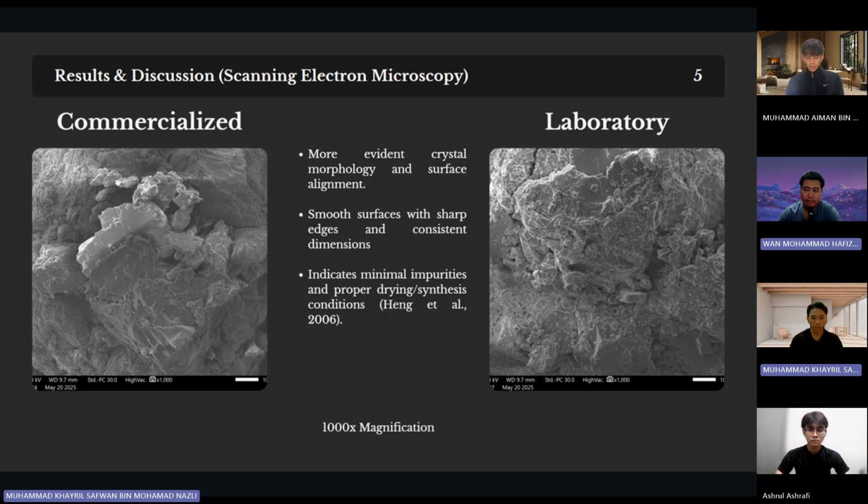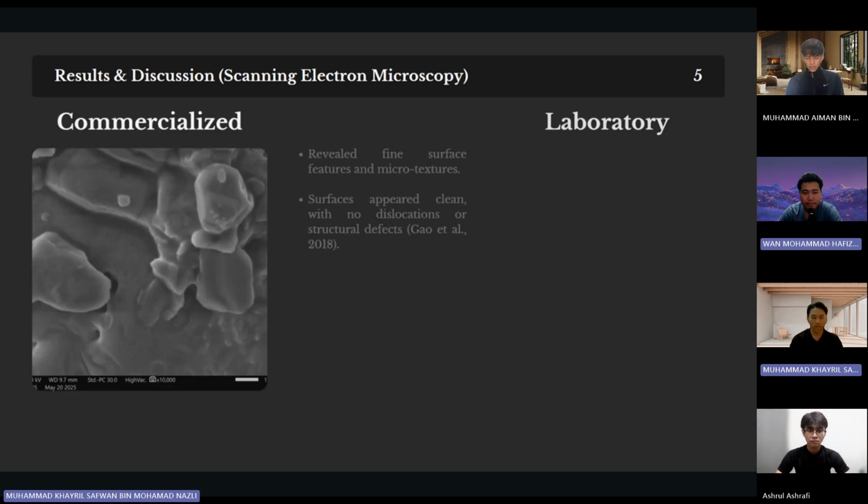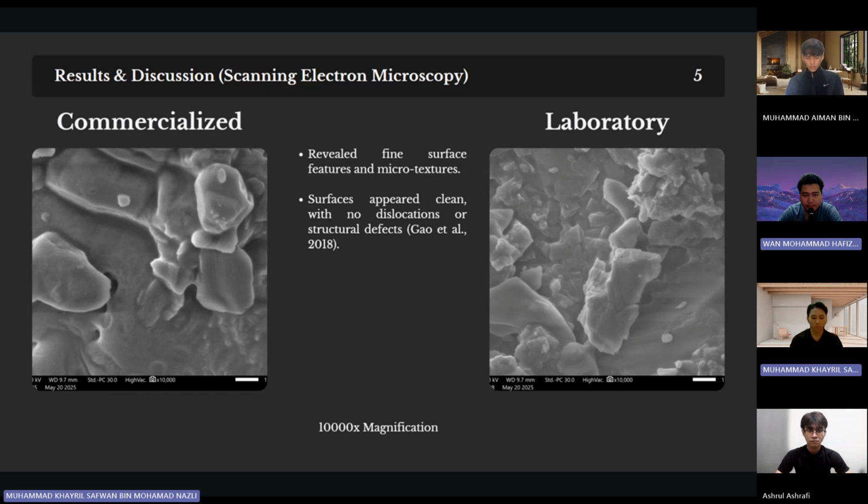Their crystal morphology and surface alignment were highly similar, indicating comparable crystallization and drying processes, with minimal impurities or structural defects. At 10,000 magnification, both samples revealed fine surface features and micro-textures. The surfaces appeared smooth with similar micropatterns, confirming the absence of contaminants, structural dislocations, or irregularities that could differentiate the samples.